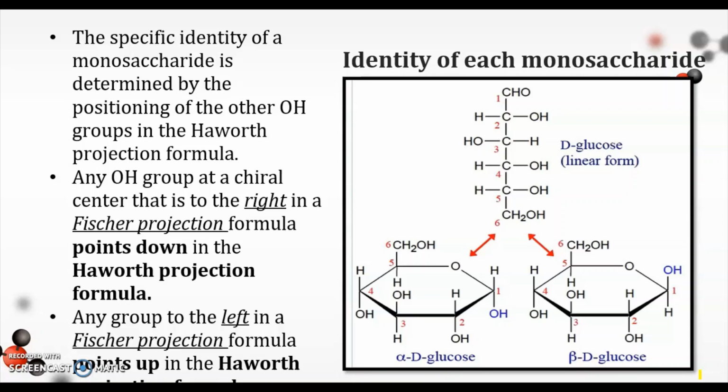Bear in mind that any hydroxyl group at a chiral center that is to the right in a Fischer projection points down in the Haworth projection formula. On the other hand, any group to the left in a Fischer projection formula points up in the Haworth projection formula.